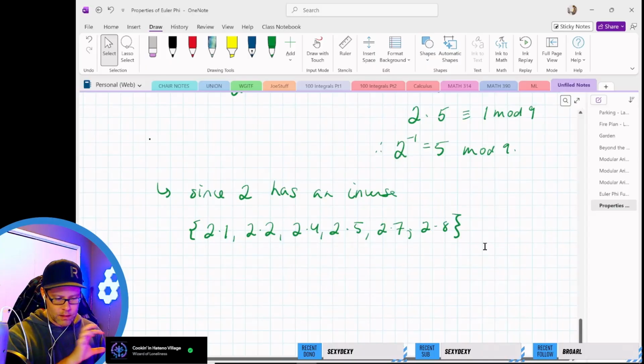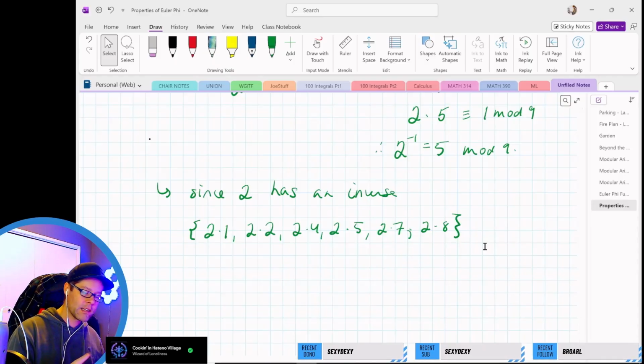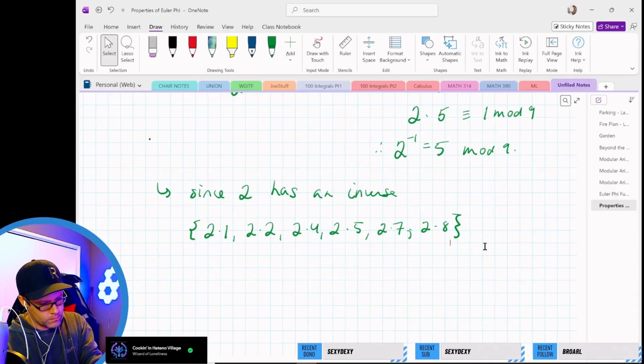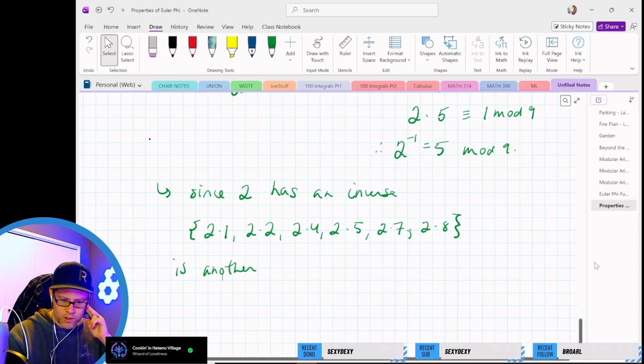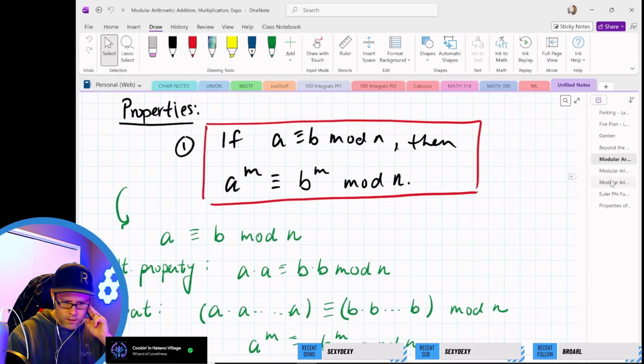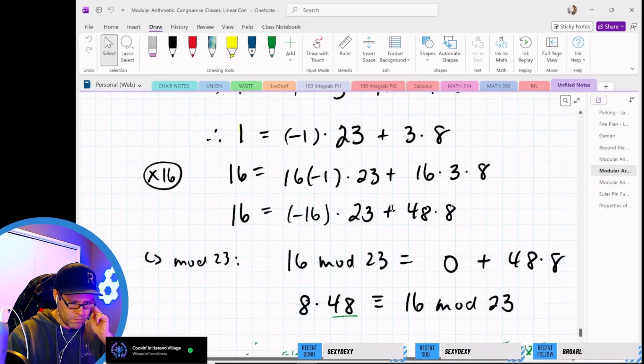By scaling up by 2 here, we get another set of congruence classes mod 9 that would do the same work as what we had before. We used a particular phrase for this, and I just want to make sure I get the correct phrase. I think it was in this part here.